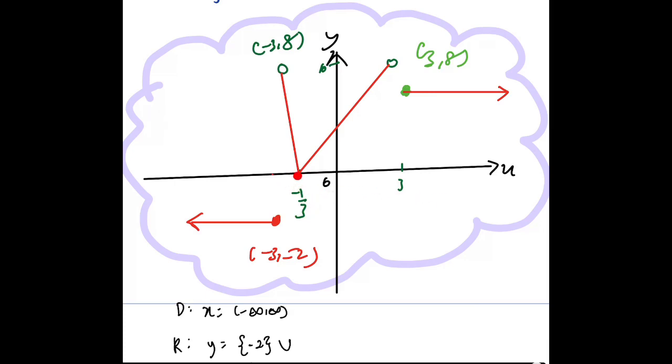Since we start here, our y must start from 0 included up until 10, and this is not included because you can see here this is a hole. That's it. This is for your domain, and this is also for your range.